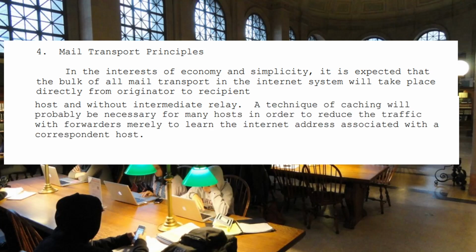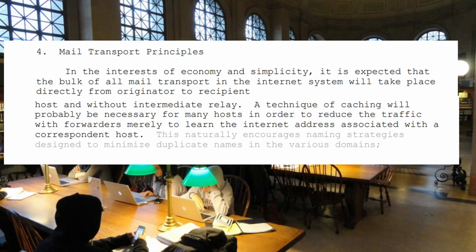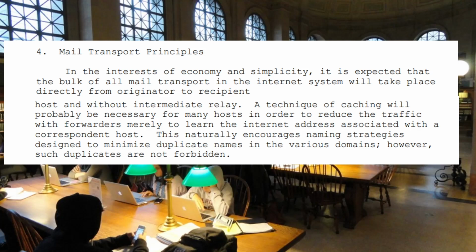A technique of caching will probably be necessary for many hosts in order to reduce the traffic, and forwarders will then merely learn the internet address associated with a particular correspondent host. And that naturally encourages naming strategies designed to minimize duplicate names in the various domains. However, such duplicates are not forbidden.